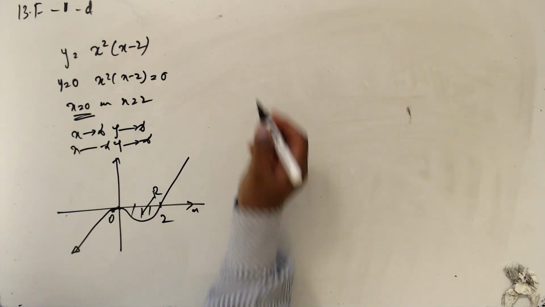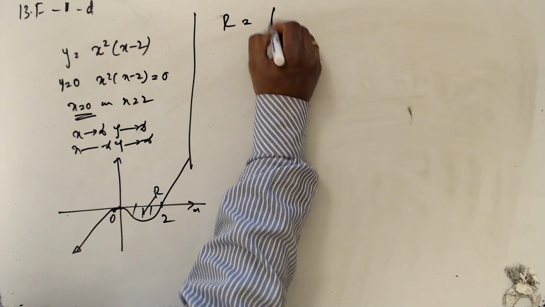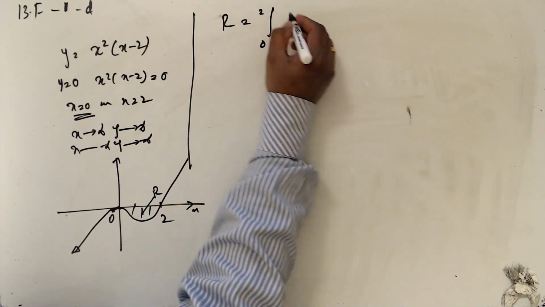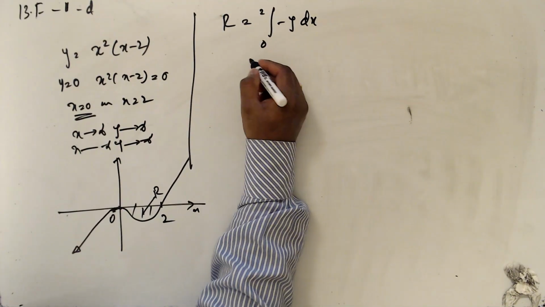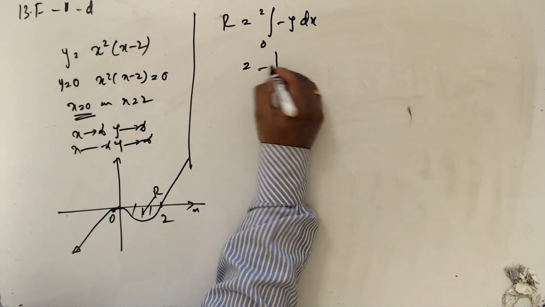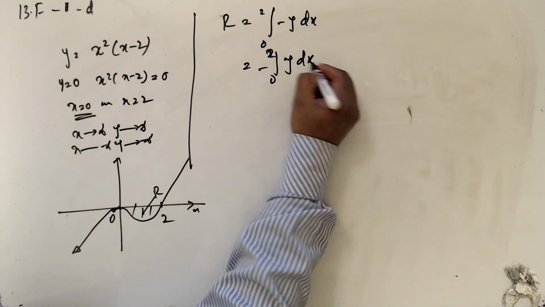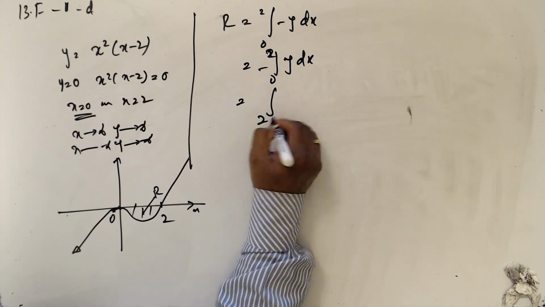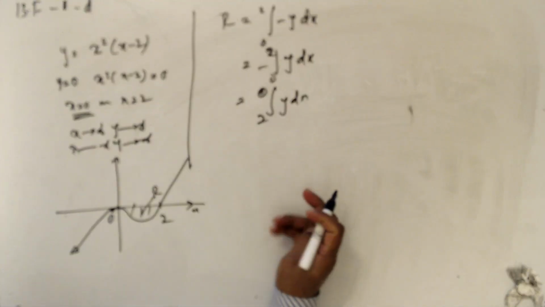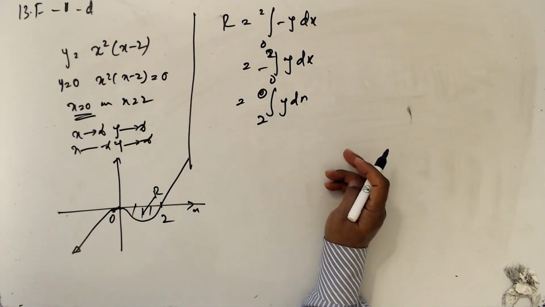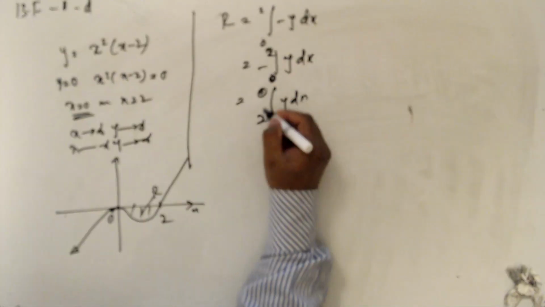Let's say this is R, the y value is negative, so it is minus y dx. It means minus the integral from 0 to 2 of y dx. It means 2 to 0 of y dx. I get rid of the minus by swapping the limits.